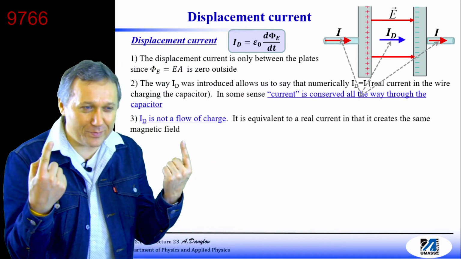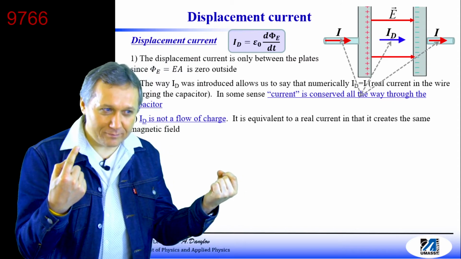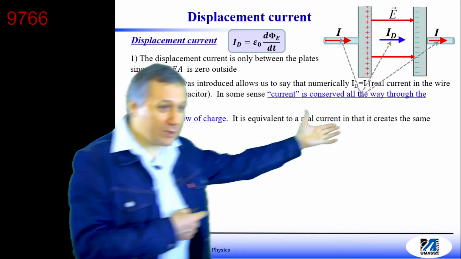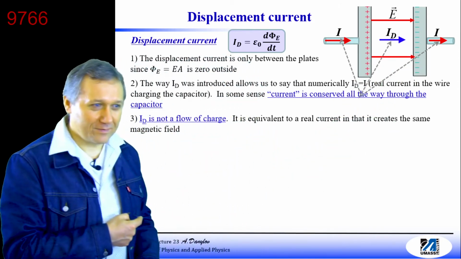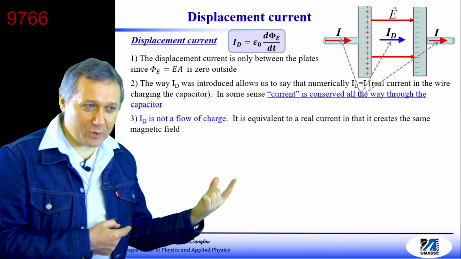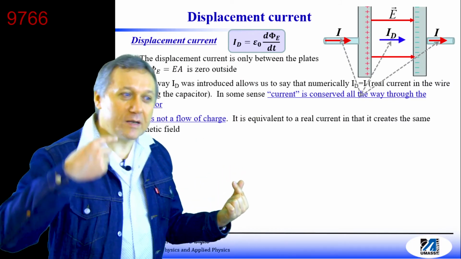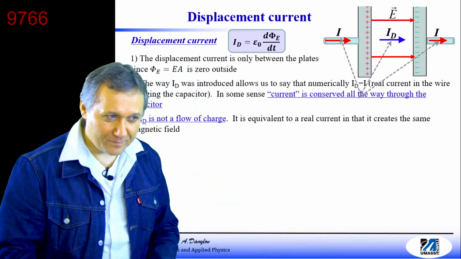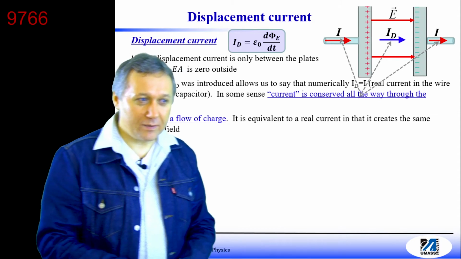So displacement current has units of amps, but it has nothing to do with the flow of charges, because between the plates of the capacitor there are no charges flowing. We can call it a current only because of those two things.